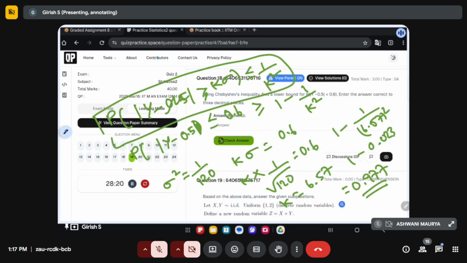Simply comparing these two, we have k sigma is 0.6, and the sigma value is root of 1 by 120, from the last calculation. So it's 1 by root 120, and this is your answer, 0.977.